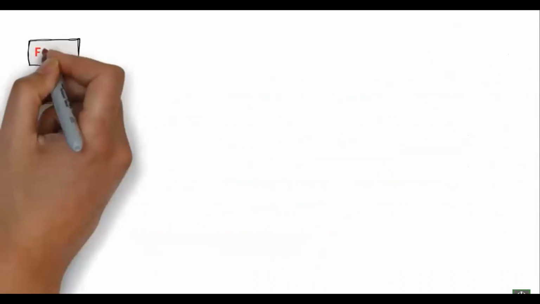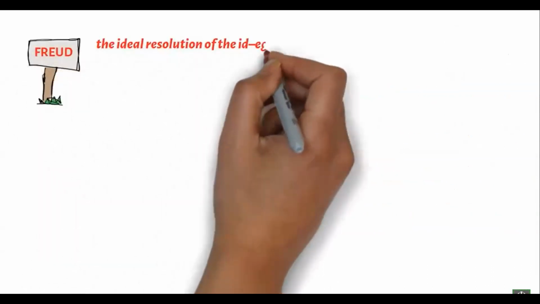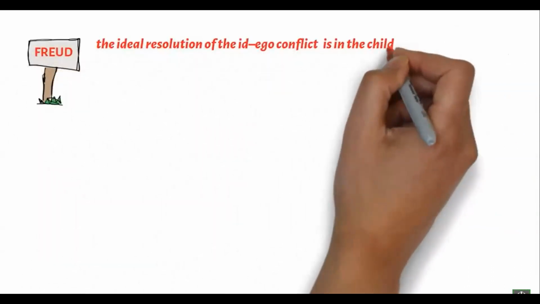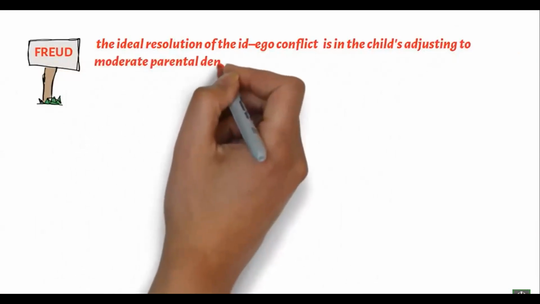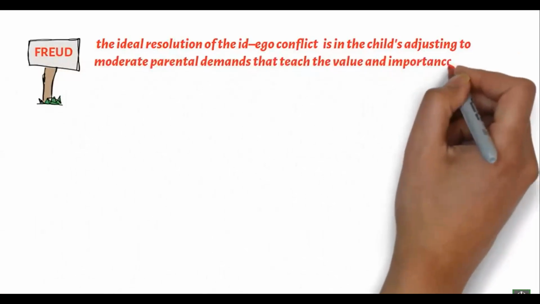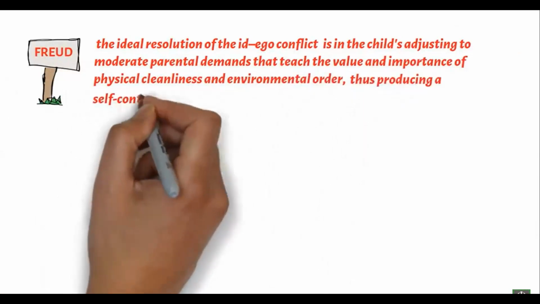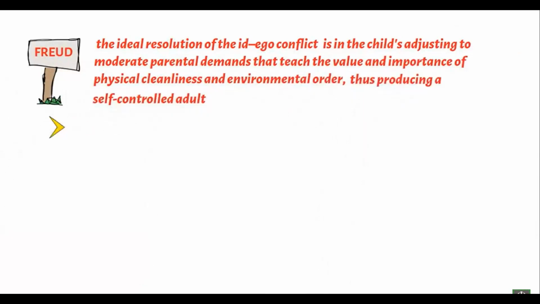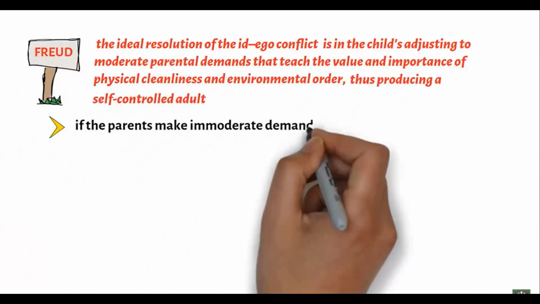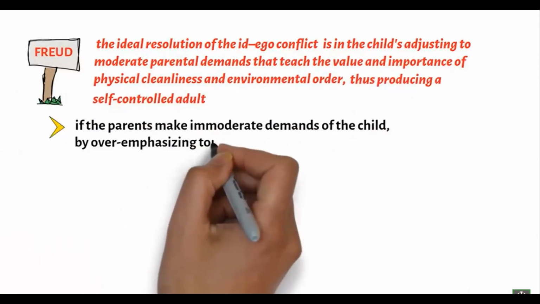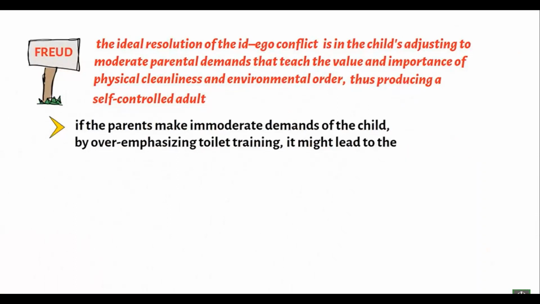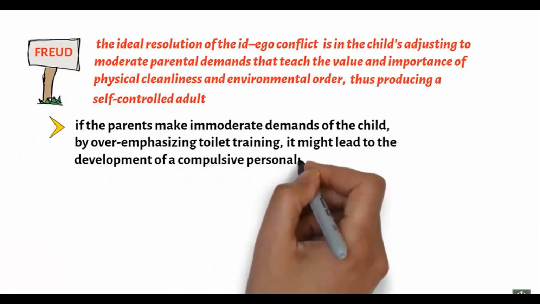Now, for Freud, the ideal resolution of the ID-ego conflict is in the child's adjusting to moderate parental demands that teach the value and importance of physical cleanliness and environmental order, thus producing a self-controlled adult. However, if the parents make immoderate demands of the child by overemphasizing toilet training, it might lead to the development of a compulsive personality.